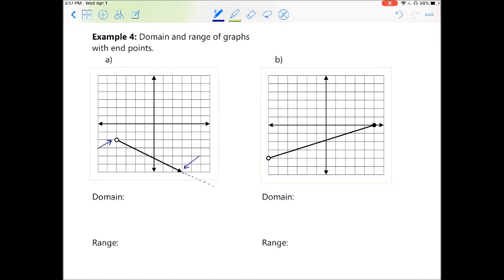So that empty circle we talked about before is called an exclusive point. So we know x does not equal -4 and y doesn't equal -2. So this coordinate is (-4, -2).